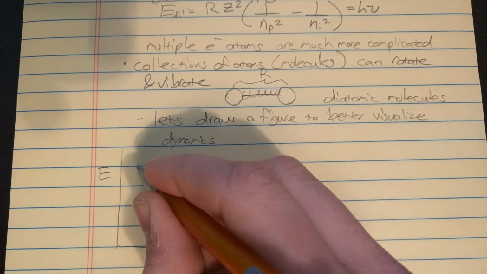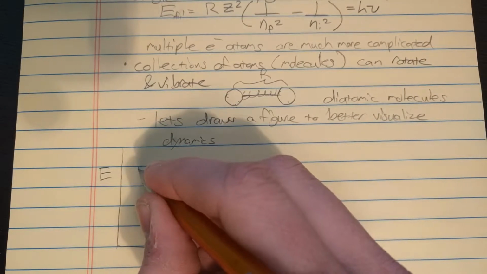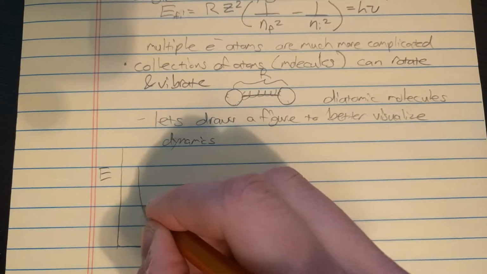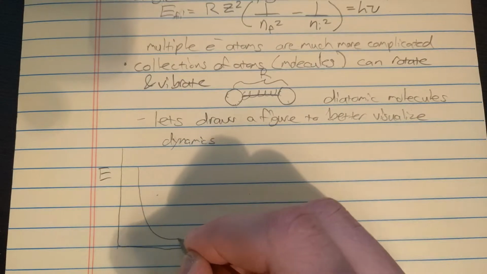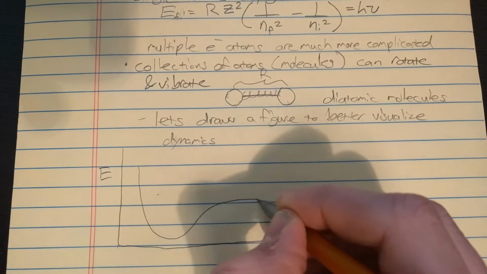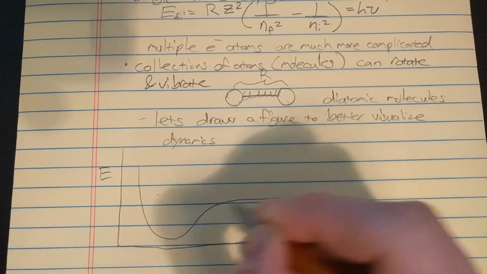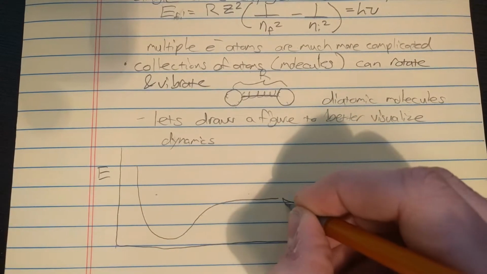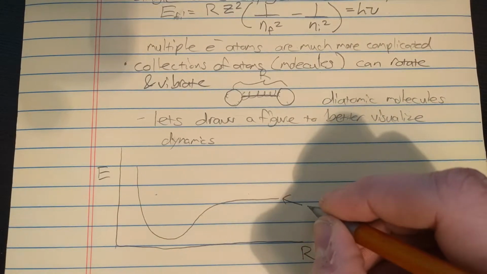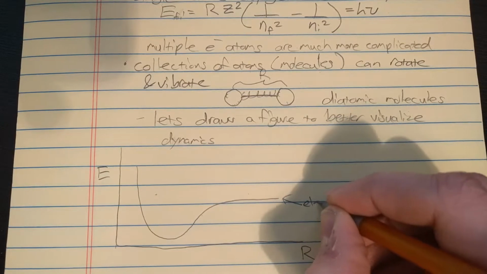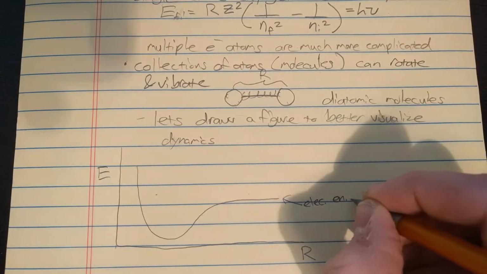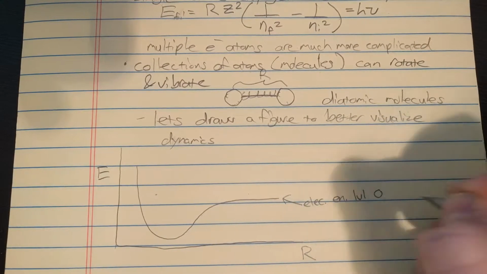So we can have electronic energy levels, like I said, and those are shaped something like this. And this would be the electronic energy level 0.